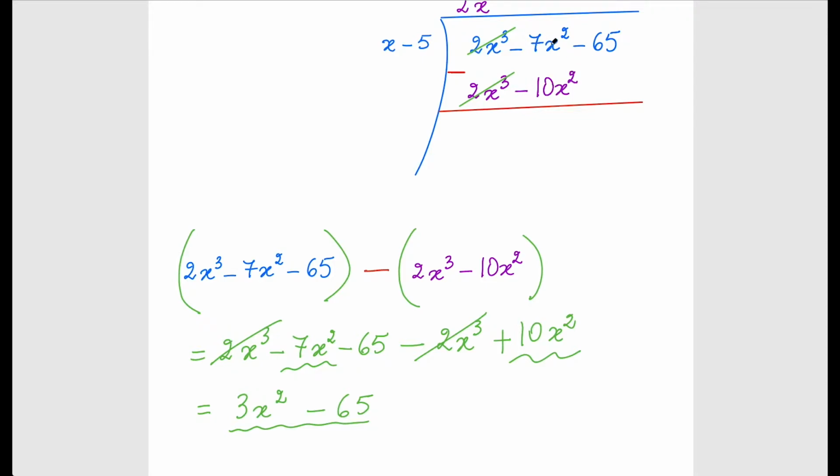Plus 10x squared minus 7x squared is 3x squared, correct? And then the minus 65 doesn't have a company here. This purple guy doesn't have a constant term, so I'm just going to carry that minus 65. That's what's going on in this vertical writing.